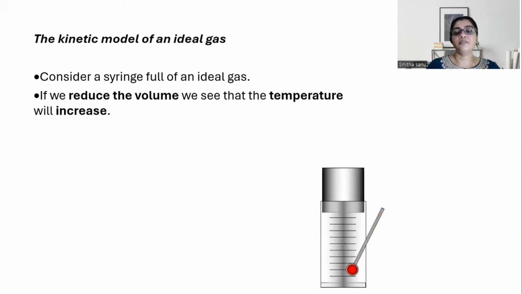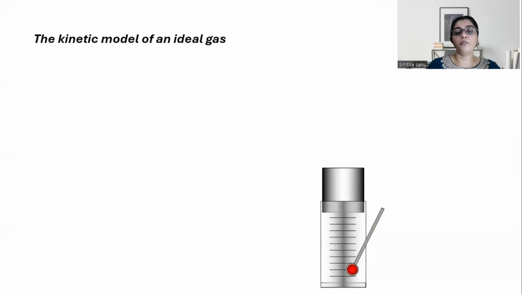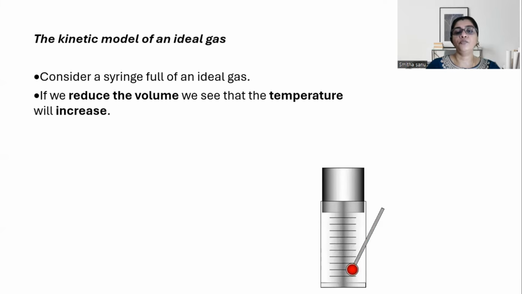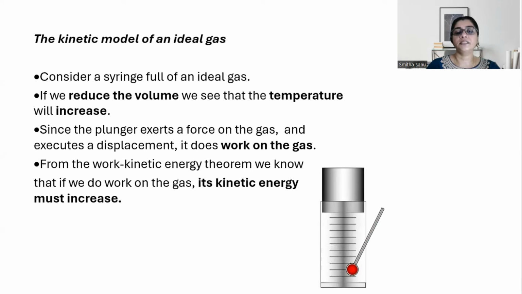As against this, if you do the opposite thing, that is, you allow the piston to come out, you're giving more space to the gas molecules, that is, volume is increasing. That will reduce the pressure or collisions with the sides of the container, and hence the temperature drops. So when you are pushing the piston in, you're doing work on the gas.